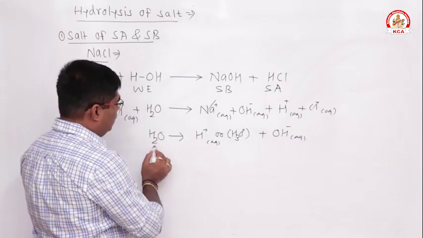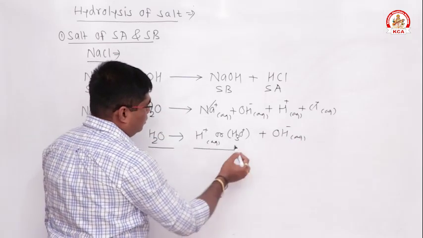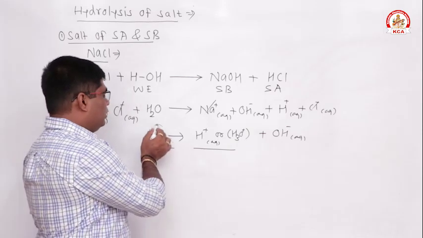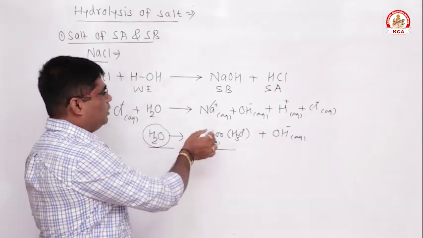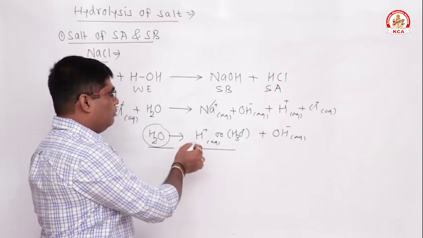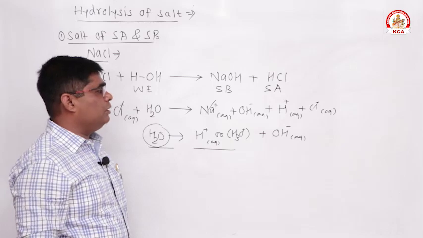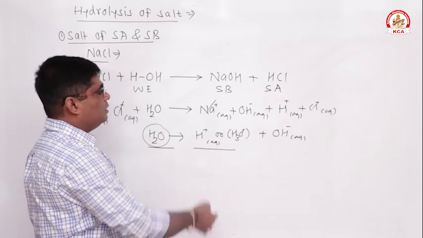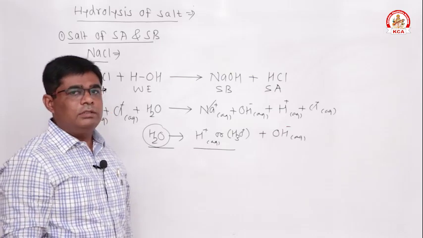So see the final stage in the solution. आणि इथं काय दिसतंय तुम्हाला? Water that gives H plus and OH minus. So the number of moles of H plus and OH minus ions are the same, किंवा in solution the concentration of H plus and OH minus is the same.